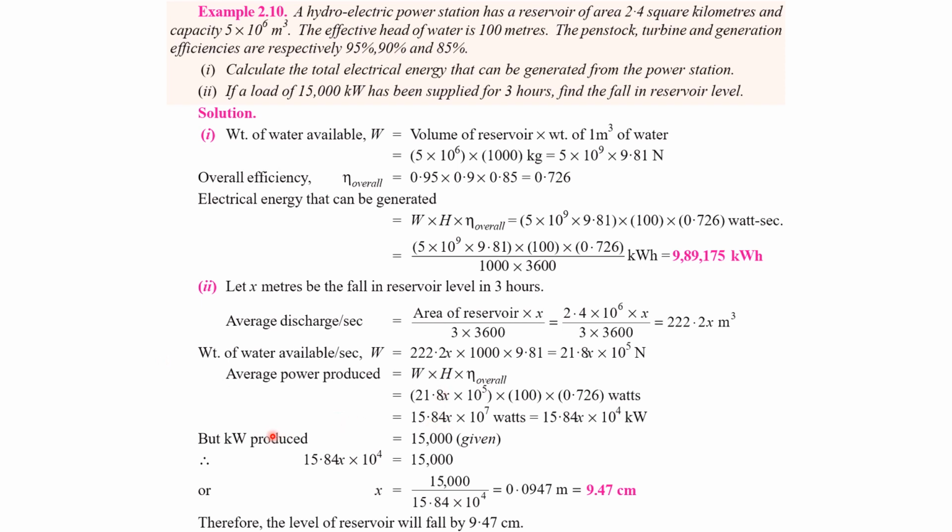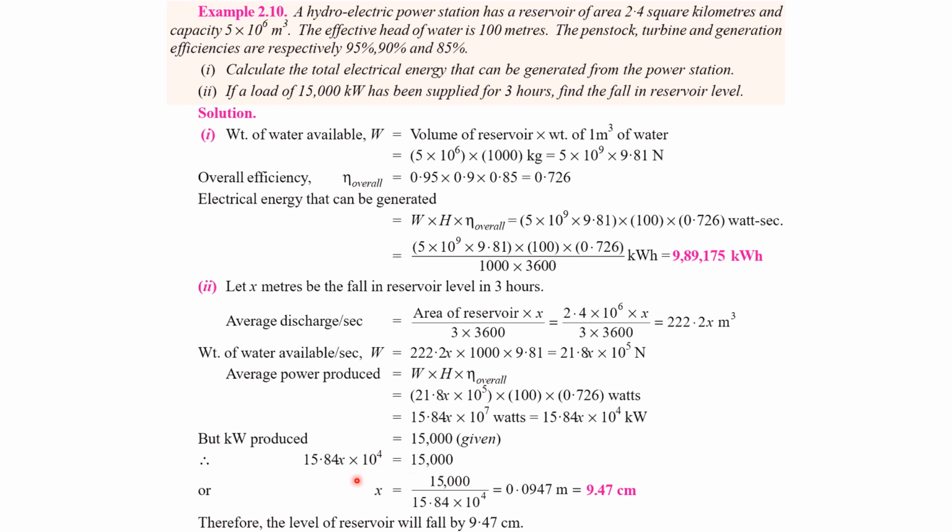You are given that the power used is 15,000 kilowatts. So 15,000 kilowatt of power has been used for 3 hours, and the derivation you have done tells you that 15.84 x into 10 power 4 kilowatt have been used.